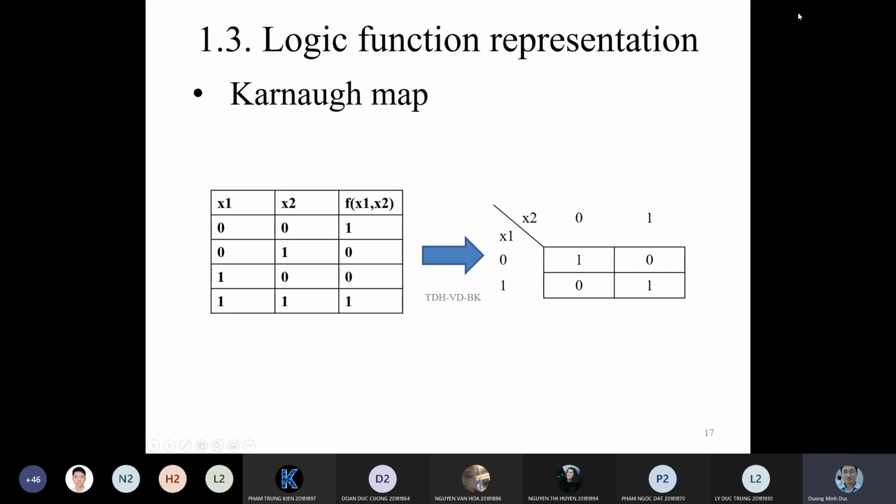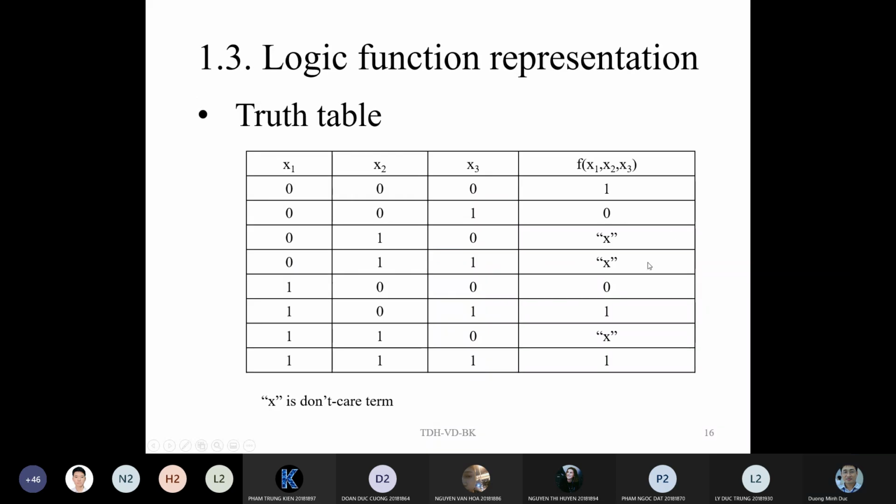Thế thì trong trường hợp như thế, sau này các bạn sẽ hỏi là em tổng hợp hàm logic như thế nào? Câu trả lời rất đơn giản, bạn cứ cho đại các giá trị x này bằng 0 hoặc 1 tùy các bạn, và bạn làm ra hàm logic. Miễn là hàm logic đấy thỏa mãn các tổ hợp rõ ràng này, thì hàm logic của bạn luôn luôn đúng.